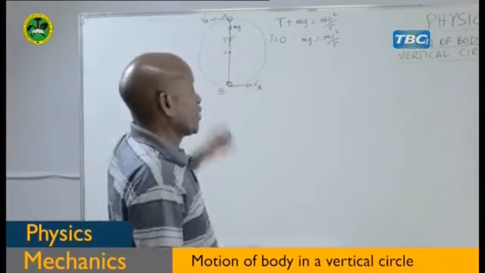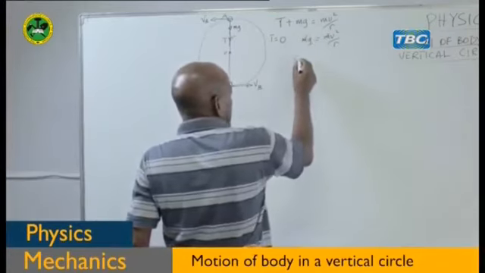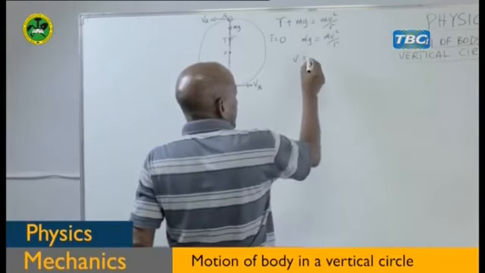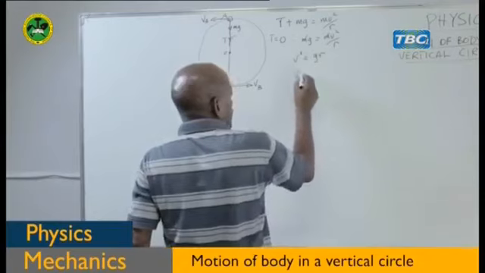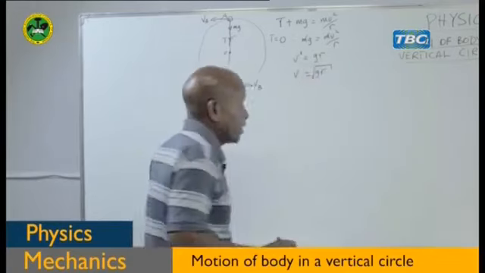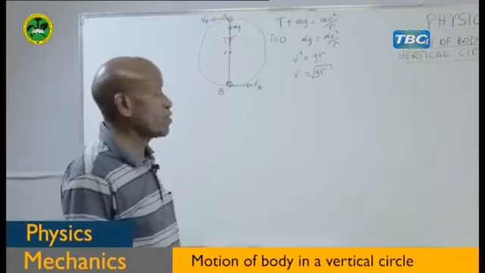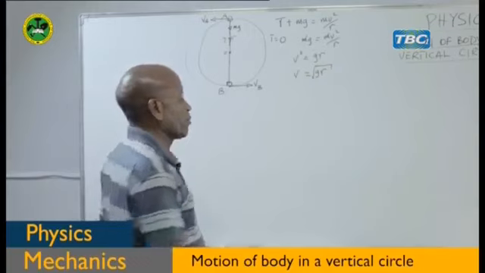The mass is the same, so the minimum velocity v will be equal to the square root of g times r. Now we need to calculate this to determine the minimum velocity whenever a bucket passes at the top.